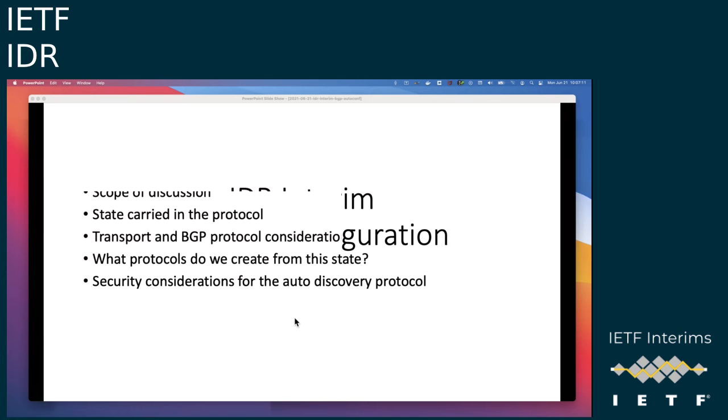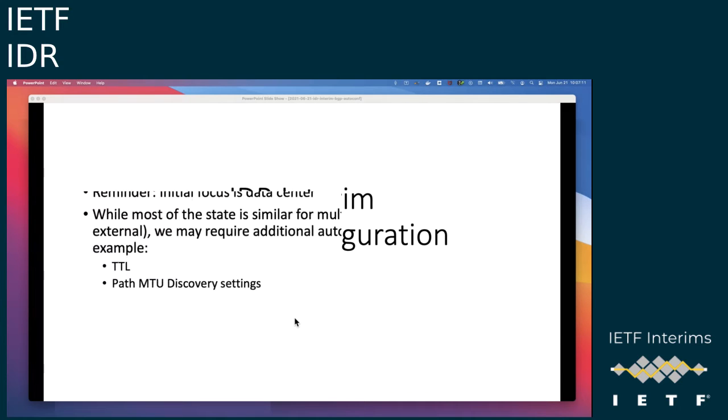Okay, so our agenda is to talk about the scope of our discussion, what state we're going to probably want to carry in the protocol, the transport and BGP protocol considerations for that, what protocols we end up creating from this state, and the security considerations for that protocol. Just a reminder, our initial focus is on data center scenarios.